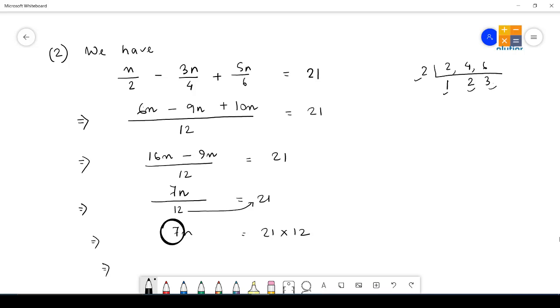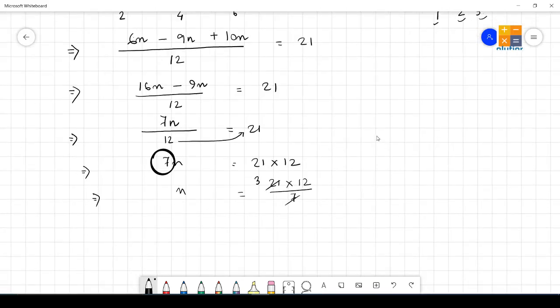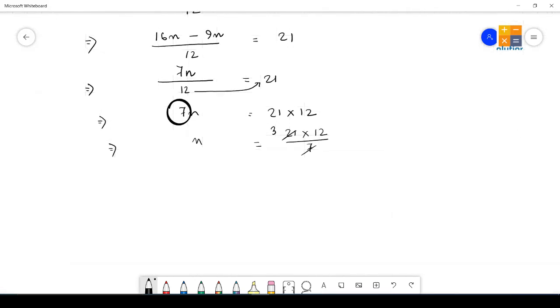How can we do that? Both sides should be divided by 7. So n is equal to 21 into 12 by 7. Perform cancellation, I get the result 3 here. After this, when I multiply these terms, what result do I get on the right hand side? That will be actually the answer. n is equal to 3 twelves, it is 36.